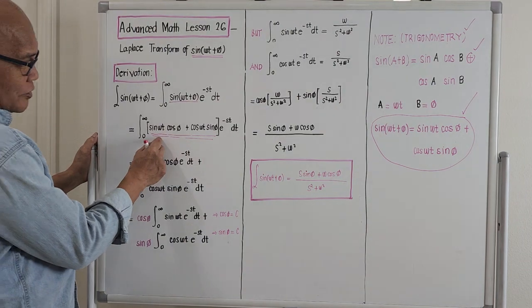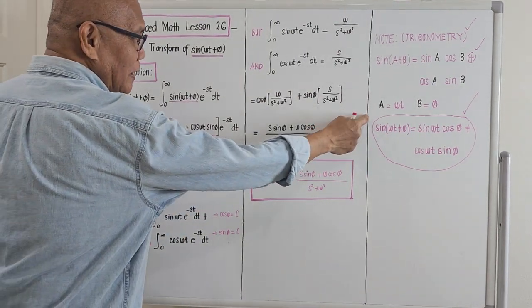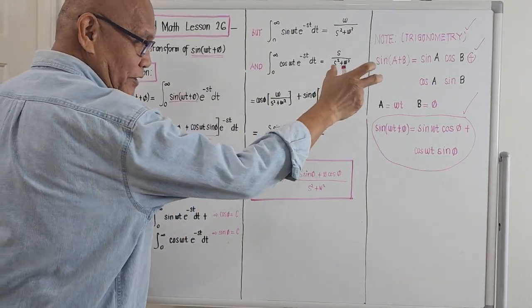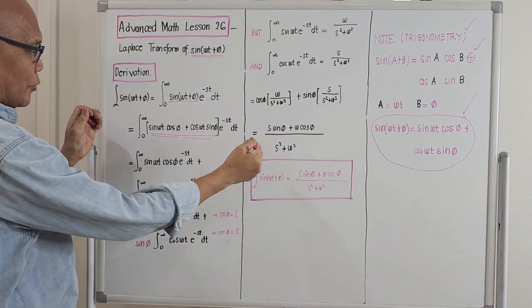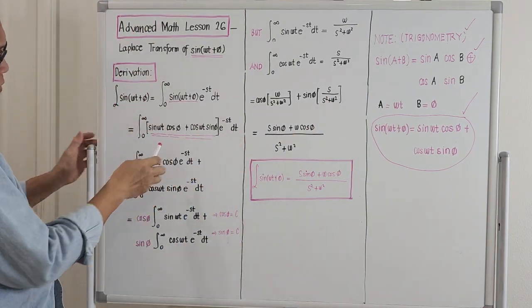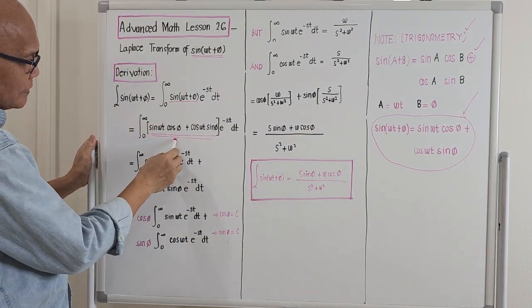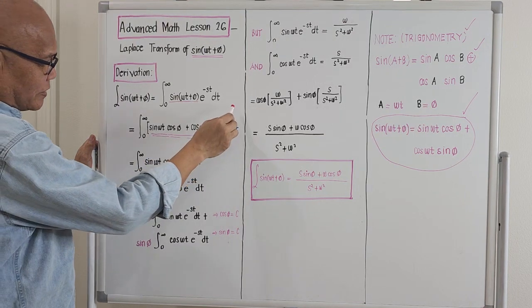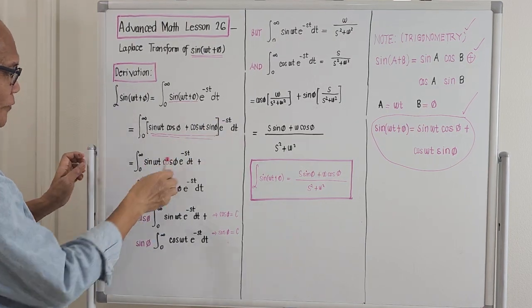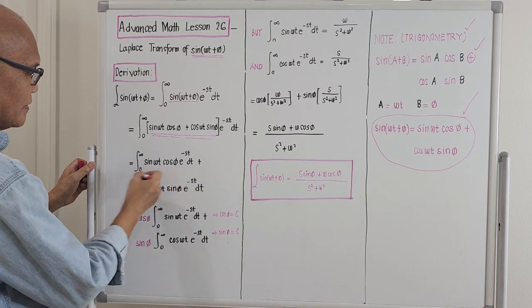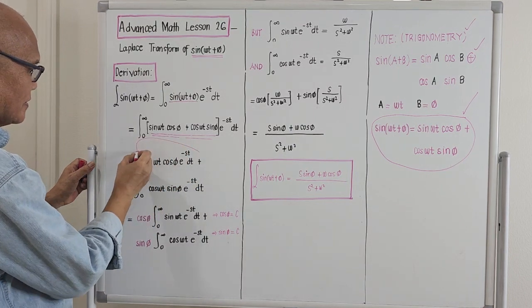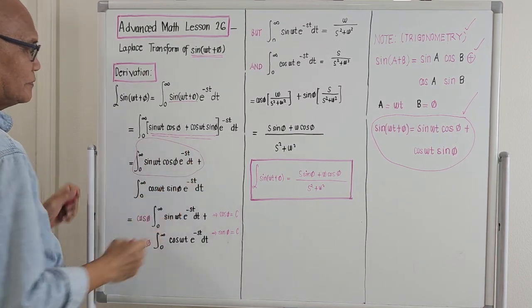So after taking the expansion by using the double angle, using our knowledge of trigonometry, we try to expand, okay? So this first part here, times e raised to minus st dt, it will be this one. We just expand.